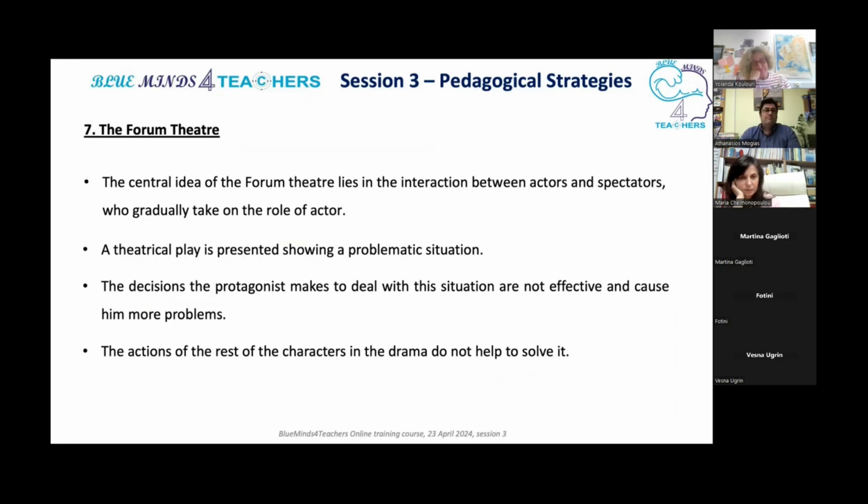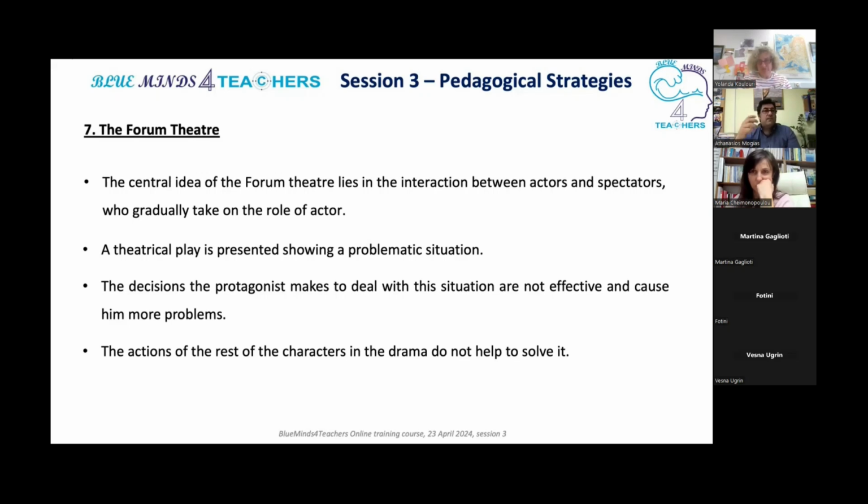It has to do more, I would say, with something in which the citizens of a local region are involved. The central idea of the forum theater lies in the interaction between the actors and the spectators, and this is the new thing. The actors and the spectators who gradually take on the role of an actor, I mean the spectators.